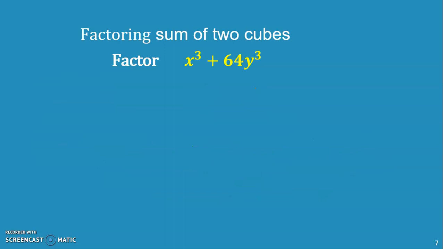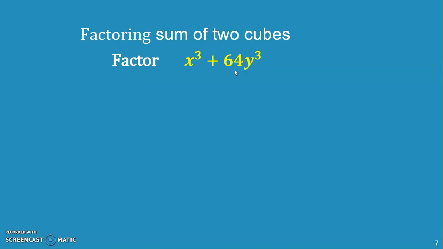Okay, we have here the given x cubed plus 64y cubed. X cubed, perfect cube ba? Yes, it's a perfect cube because its factored form is x times x times x. How about the 64y cubed?